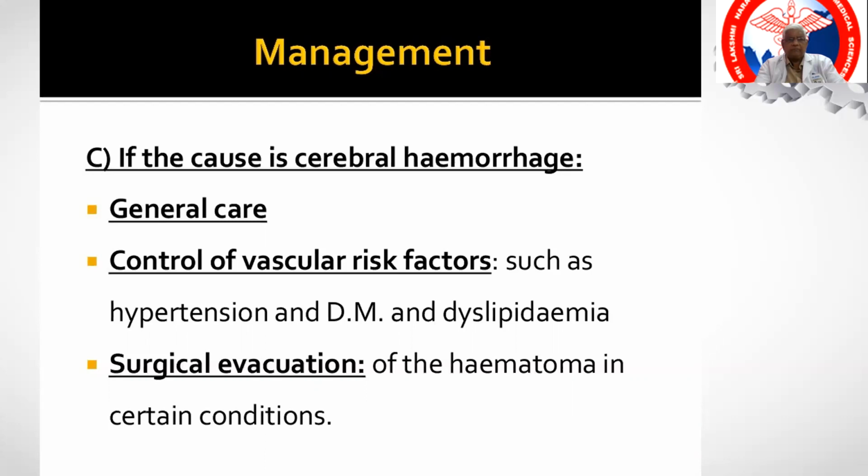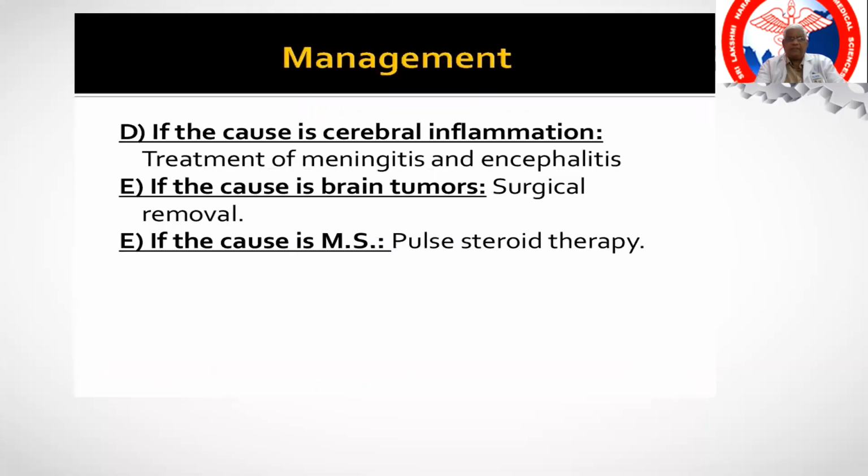Surgical evacuation of the hematoma in certain conditions, usually very rare. If the cause is cerebral inflammation, treat meningitis with the higher antibiotics and other supportive care. If the cause is brain tumors, surgical removal. In case of multiple sclerosis, steroid therapy; a pulse steroid therapy course can be attempted.